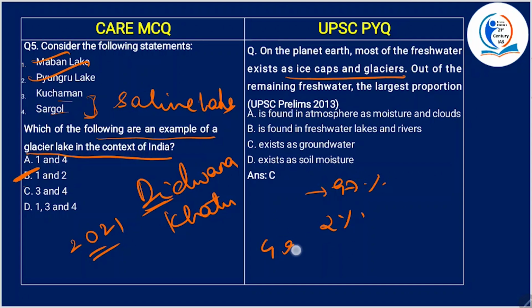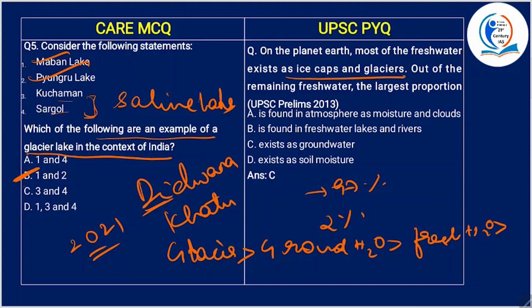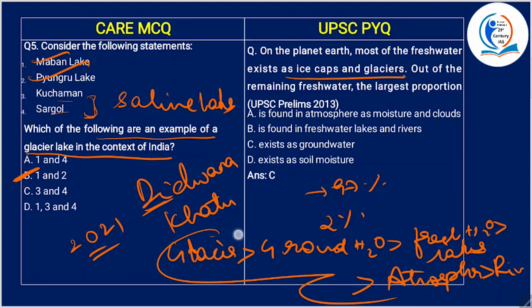Next, you have groundwater. So the order is glacier, groundwater, freshwater lakes, then atmosphere and then rivers.